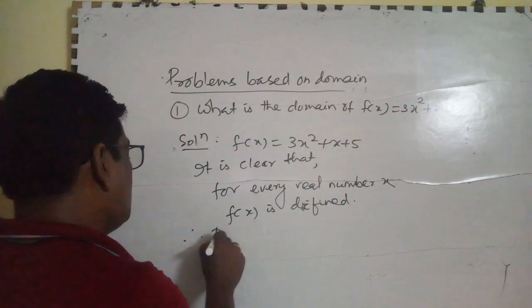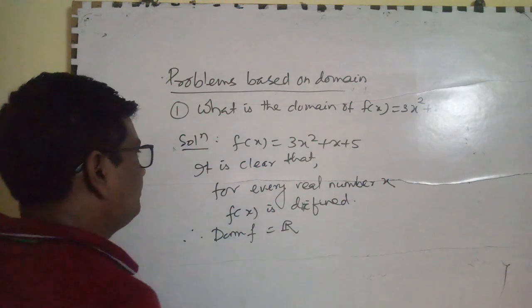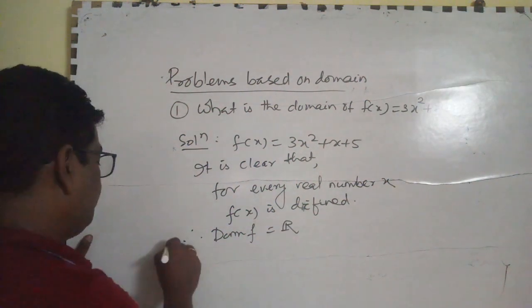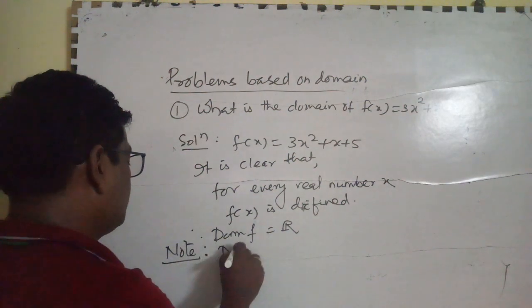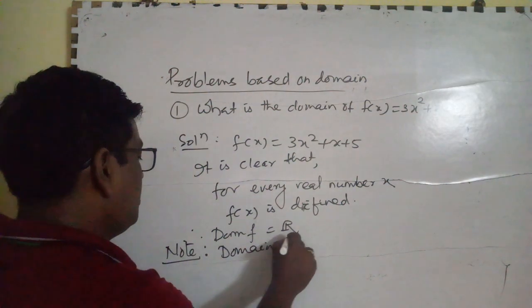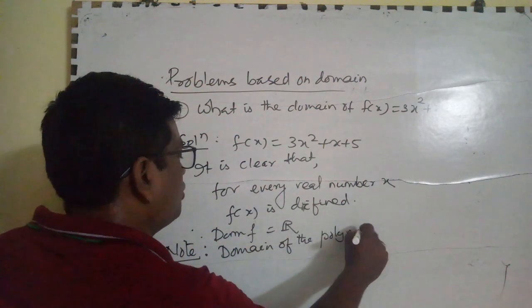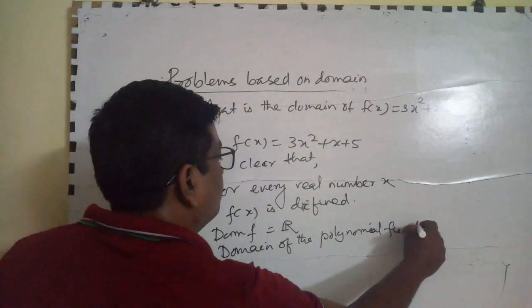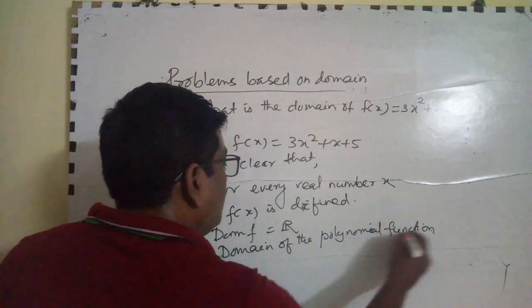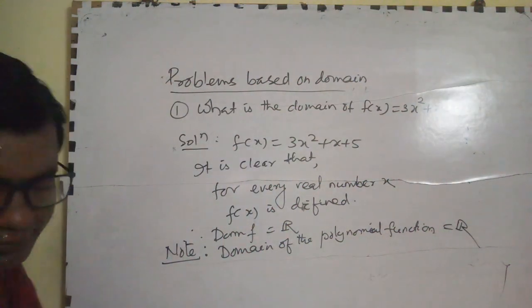Therefore, dom f is equal to the set of real numbers R. Note: domain of polynomial function is equal to the set of real numbers R.